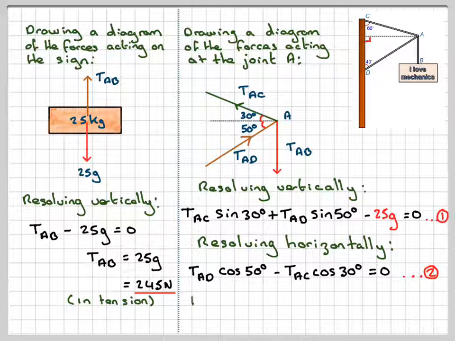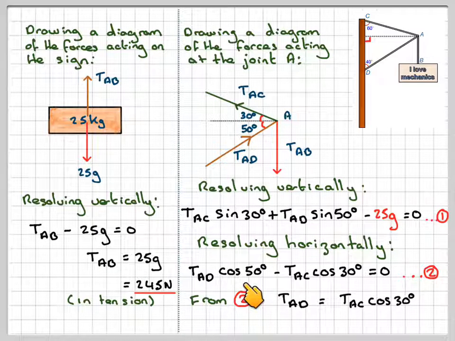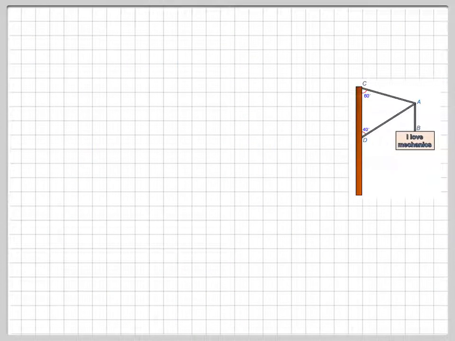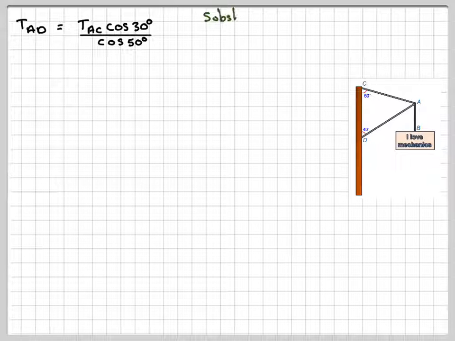Right, from equation 2, we can rearrange it to say that TAD is going to be TAC cos 30 divided by cos 50. So writing that down again, we now substitute that into equation 1.